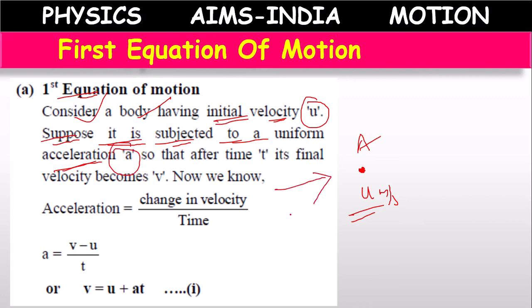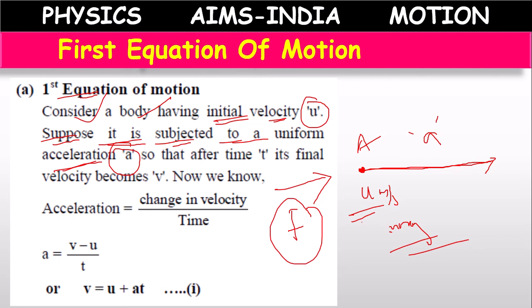We might have applied some force F, because of which some acceleration is created in the body, its velocity increases, and in time t it will cover some displacement, change its position, and go to a new position B after time t.